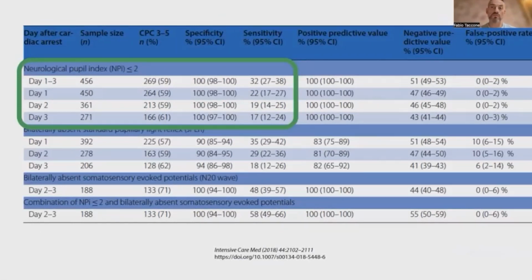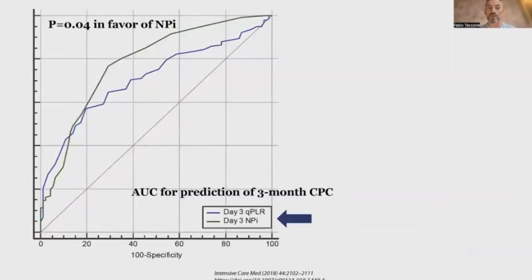Of course, most of the patients with poor outcome will die without pupillary dysfunction, which means, of course, that the sensitivity is quite low, 20 to 30%. So if pupils are abnormal on pupillometry assessment, you are 100% sure that there will be no chance of future recovery.